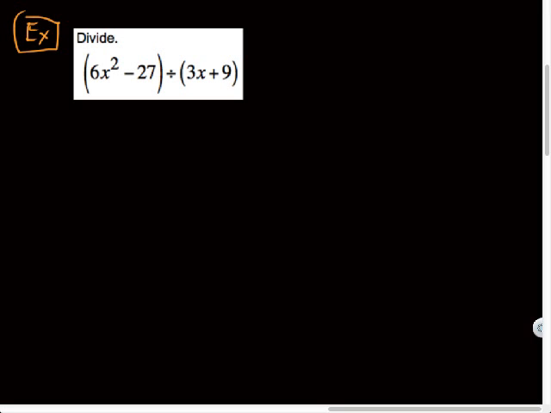Now, when I write this set up for long division, let me ask you this question. Let's say I was dividing 12 by 2. Is 12 divided by 2 the same as this? No, those aren't the same. Those are significantly different.